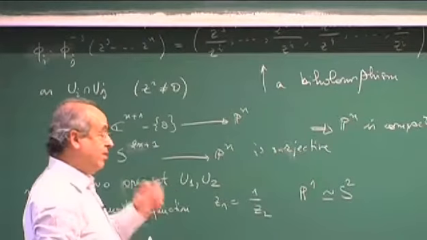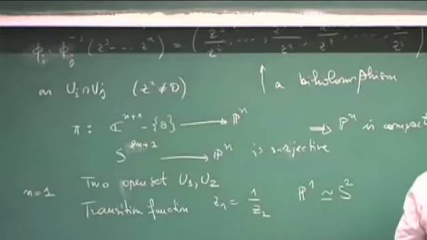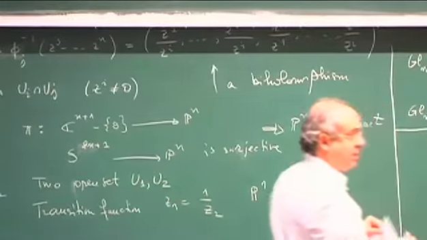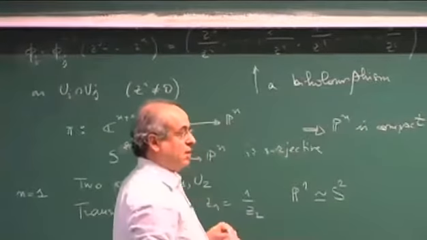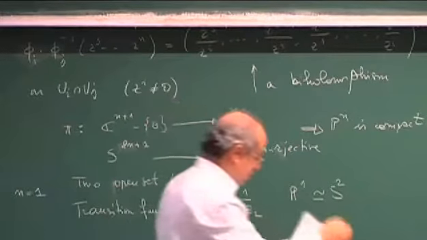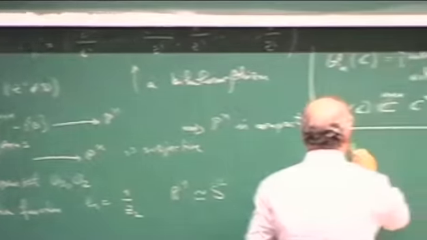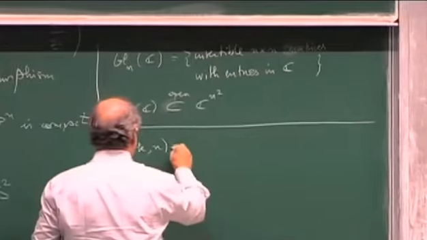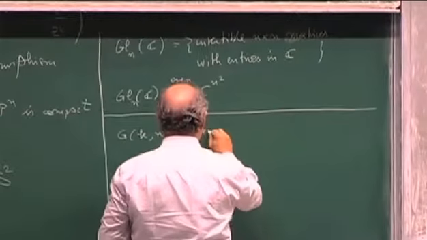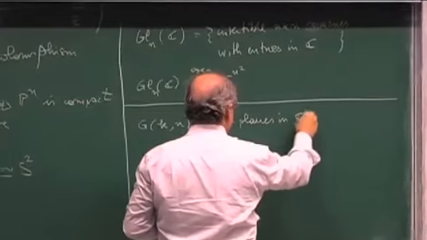And in the same way, you may think of introducing some space which parameterizes planes, vector subspaces of some dimension in Cn. So, in particular, you can introduce a space, G(k,n), which, from a set theoretical viewpoint, is the space of k-planes in Cn.